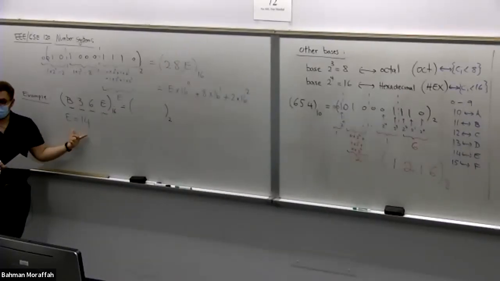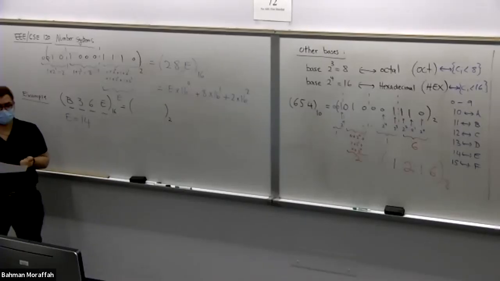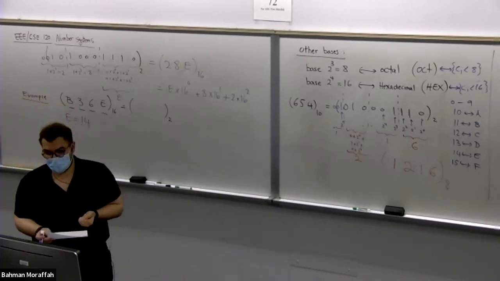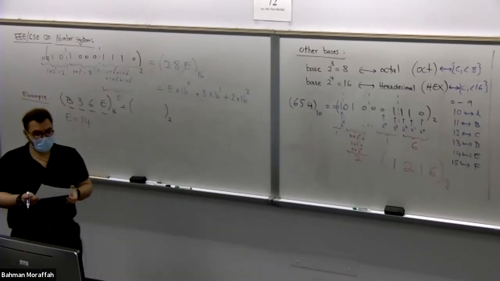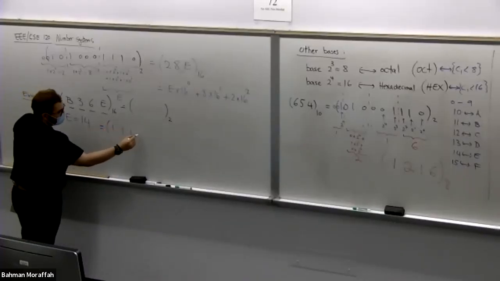What is the 4-digit representation of this 14? If I wanted to write it in terms of binary, how would I write it? Can somebody tell me exactly? Yeah, exactly. I can write it as 1, 1, 1, 0.